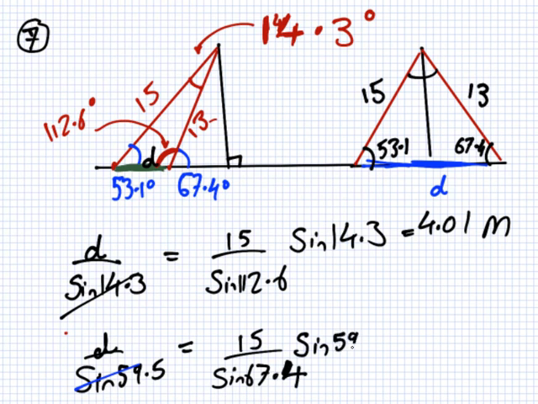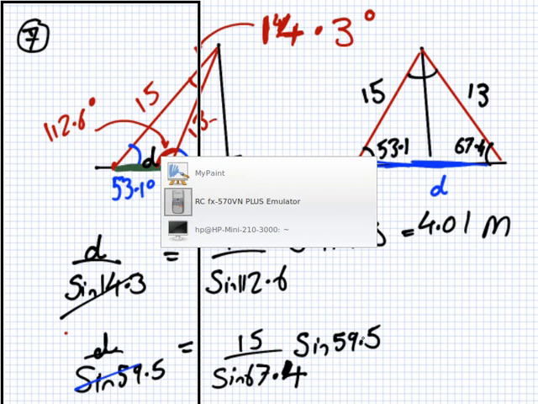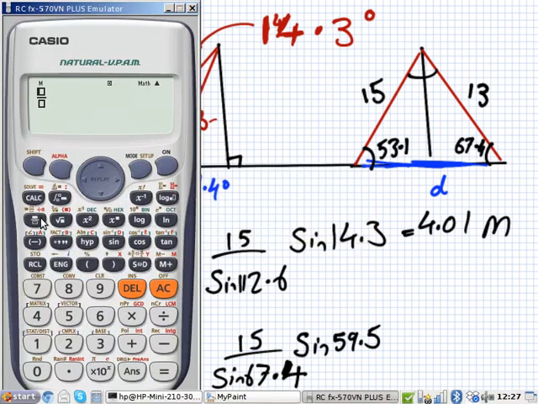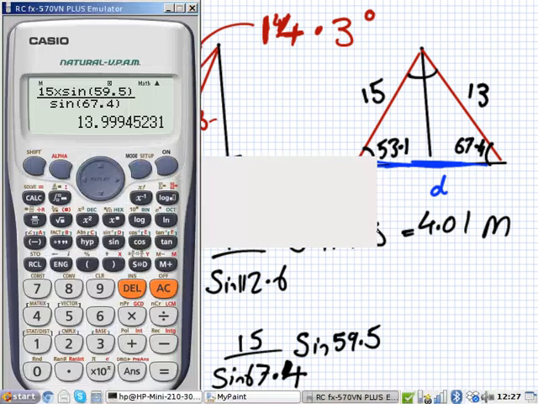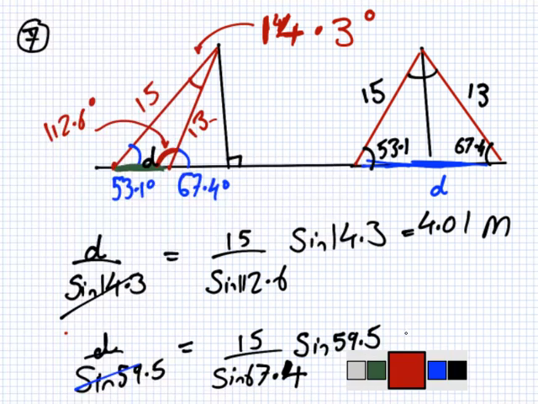Sine 59.5. Let's see what I get. 15 multiply sine 59.5 over sine 67.4. 14. 14 meters.